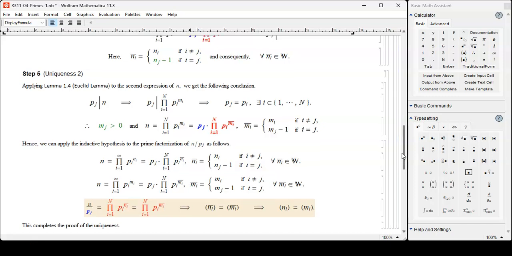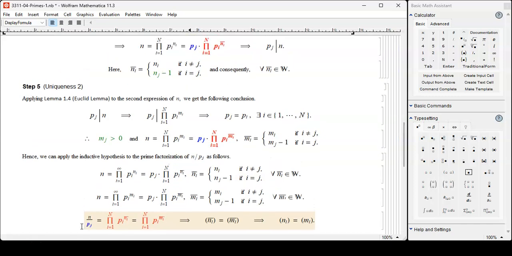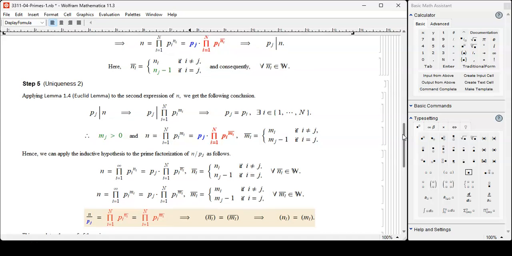They're the same. And this thing is less than n. So by the inductive hypothesis, the uniqueness applies, and therefore we have the same sequence. ni bar and mi bar are the same. And then they made the same adjustment at the jth. So the original ni and mi are the same as well.